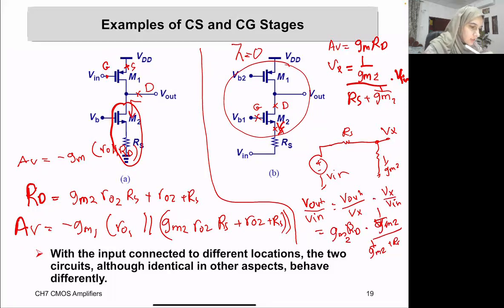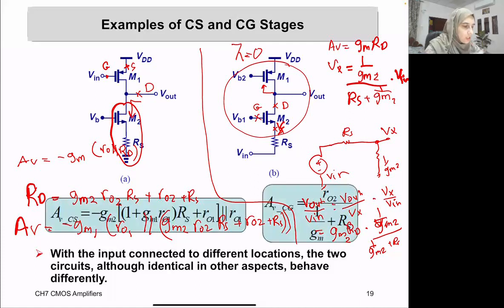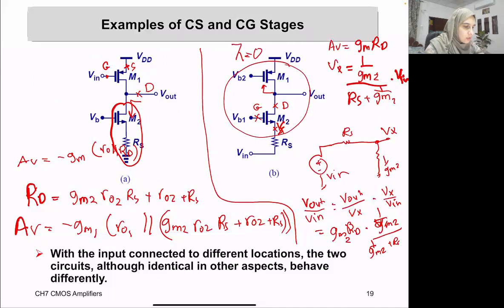Now, what is RD here? RD is the resistance that I am seeing looking up at the transistor M1, which, since it is from the drain of M1, is going to be R out 1.